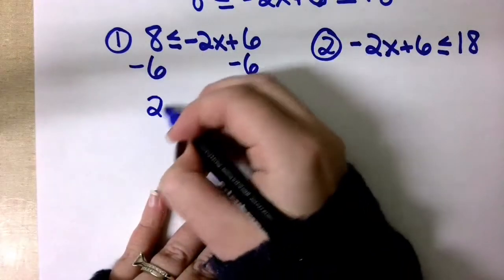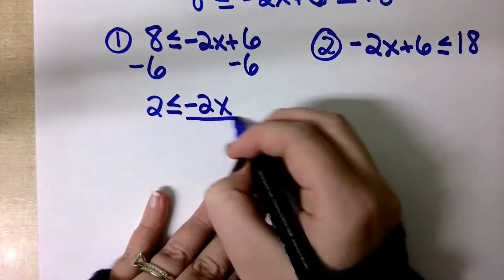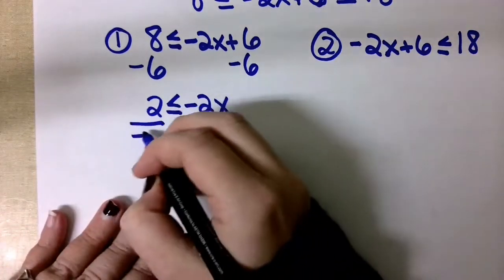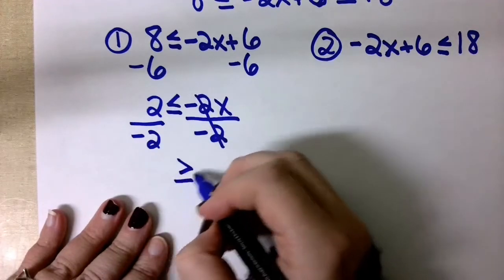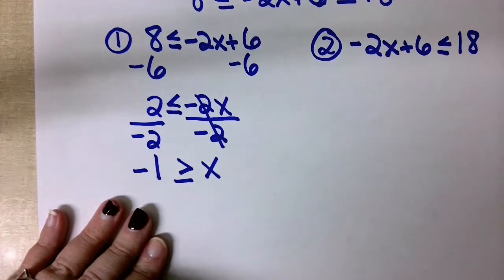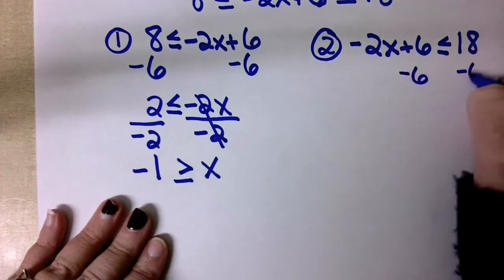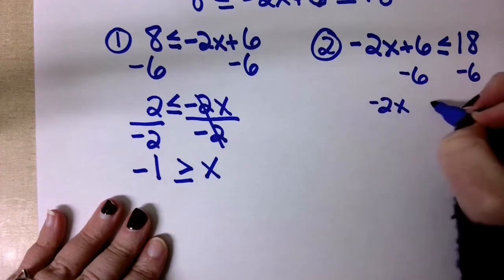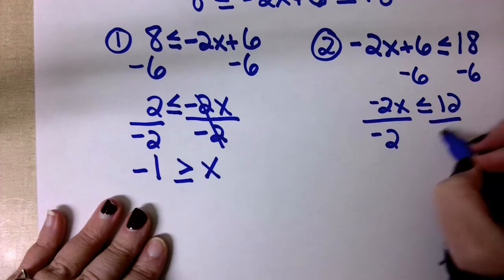Subtract 6. 2 is less than or equal to negative 2x. Divide by negative 2. Because I'm dividing by the negative, the sign flips. And I get negative 1 is greater than or equal to x. Same thing here. Divide by negative 2.